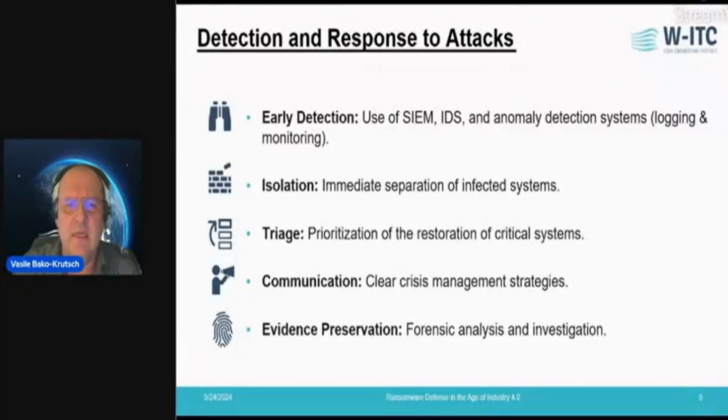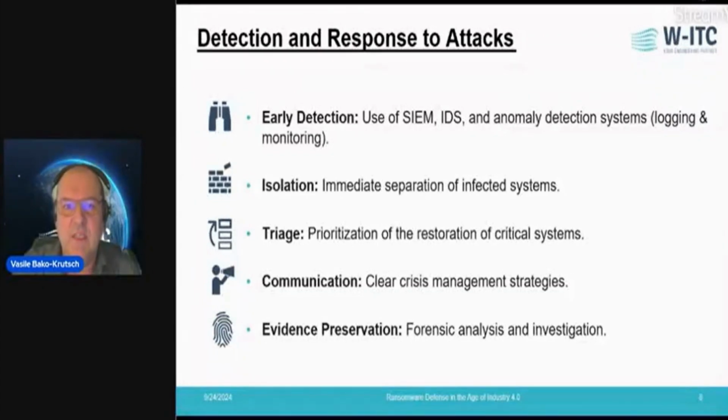As I said, examples of early detection and alerting systems include intrusion detection systems. These systems monitor the network traffic and are able to detect suspicious activities that may indicate an attack.